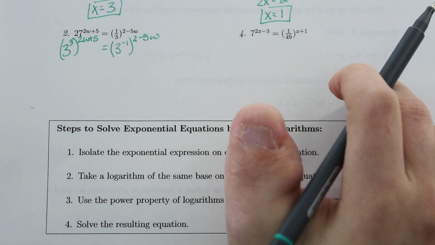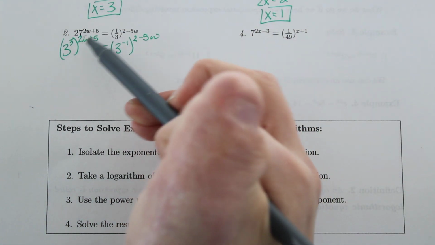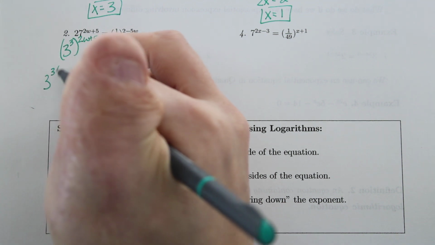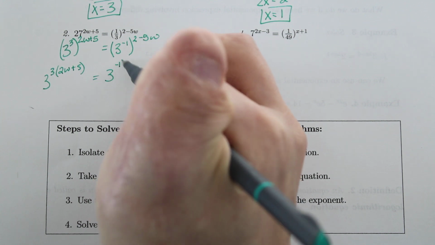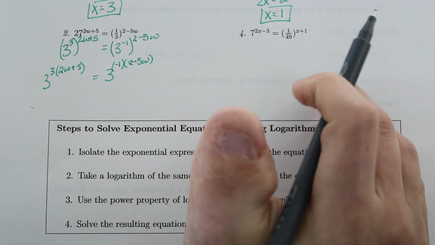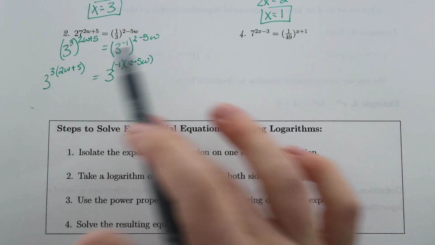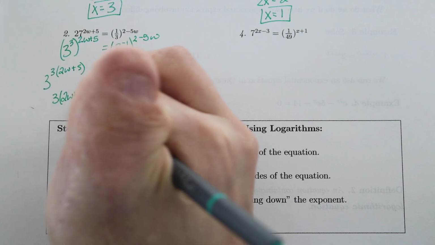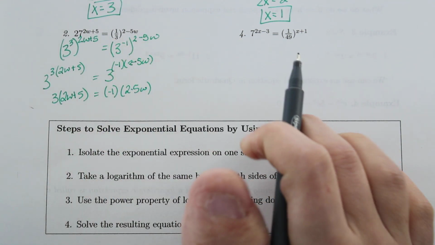What do we know about exponents? Our exponent rules from the first week of school tell us that for a power of a power, we can multiply the exponents together. So we have 3 to the 3 times 2w plus 5 is equal to 3 to the negative 1 times 2 minus 5w. Now we have two exponentials with the same base, so we can set the exponents equal to each other: 3 times 2w plus 5 equals negative 1 times 2 minus 5w.